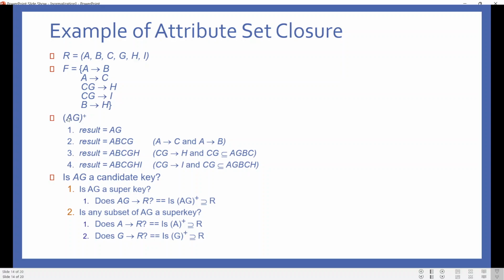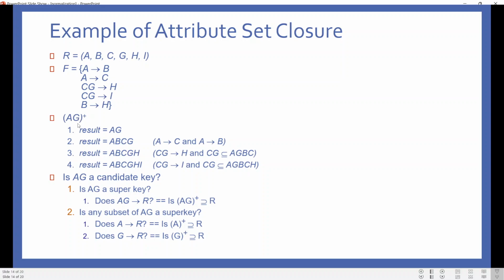So now let us consider A: can A determine R? By knowing A, we can't determine the complete set. The subset A can't determine the complete relation R.